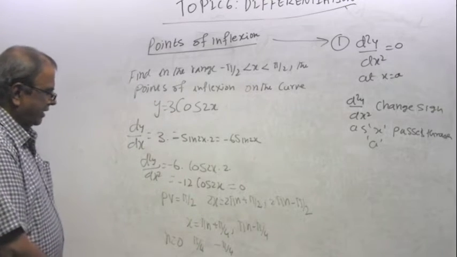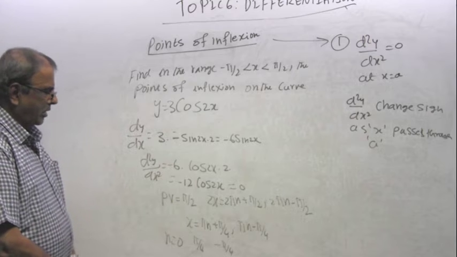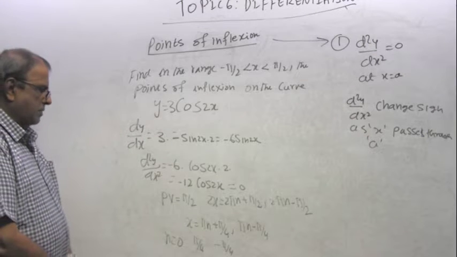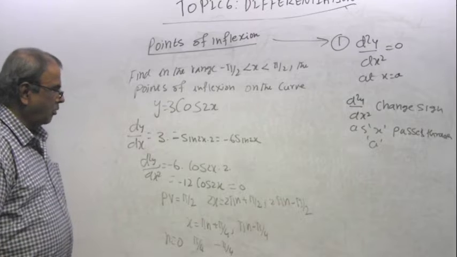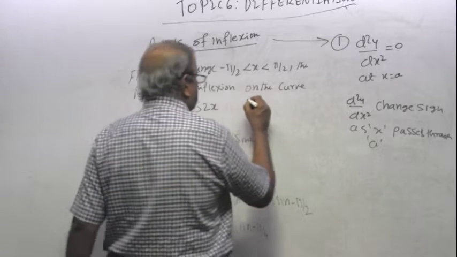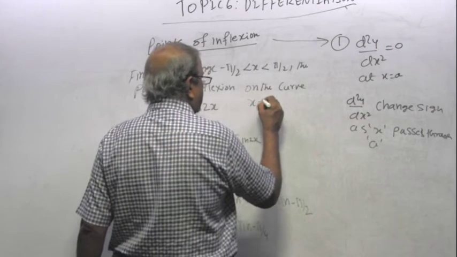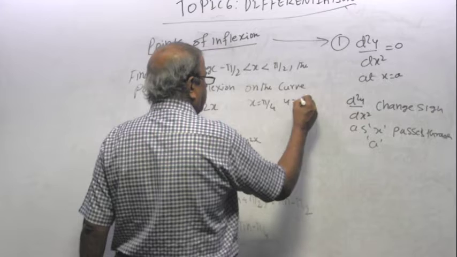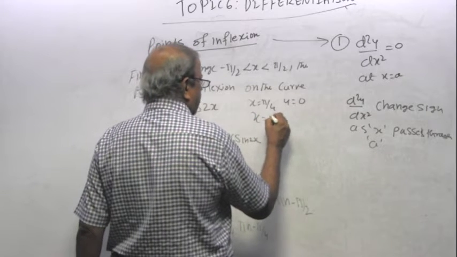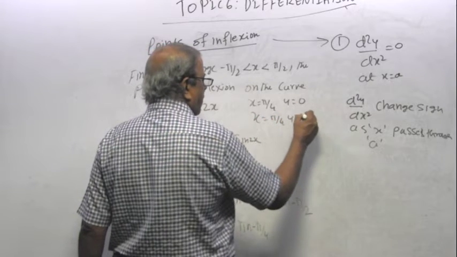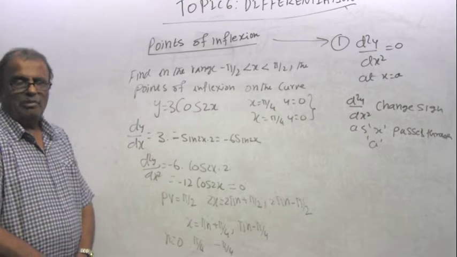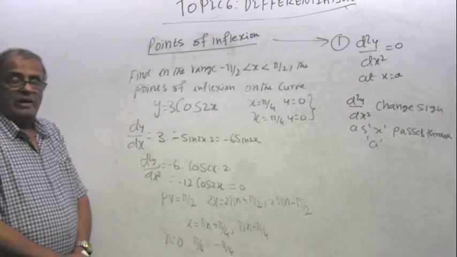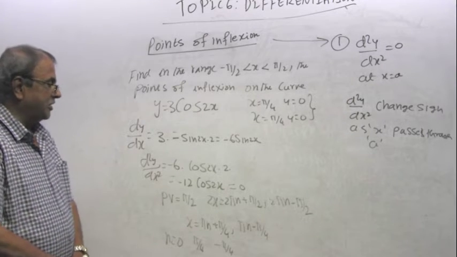Put n as 1, it will be 3 pi by 4 and 5 pi by 4 and minus 3 pi by 4. So those are the only 2 points. So x equal to pi over 4, y equal to 0, x equal to minus pi over 4, y is 0. Those are possible points of inflection. They are not yet points of inflection.